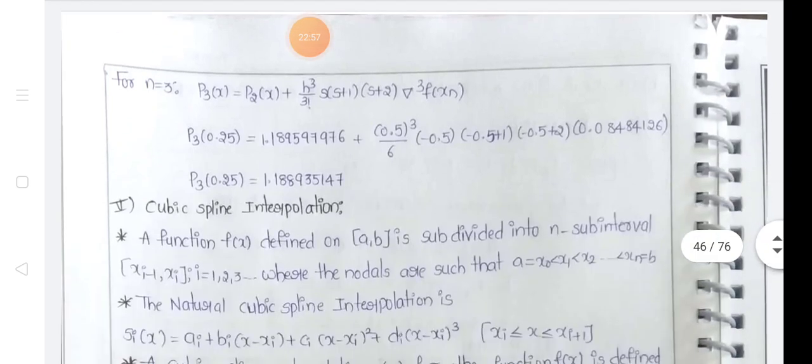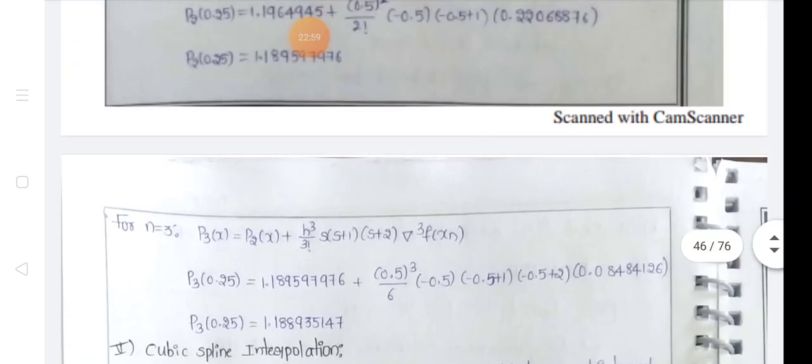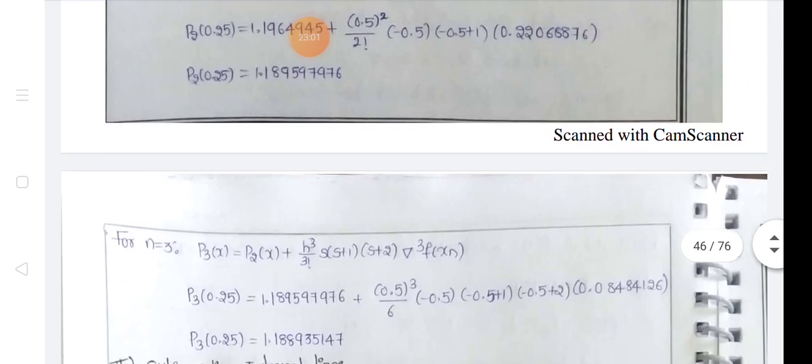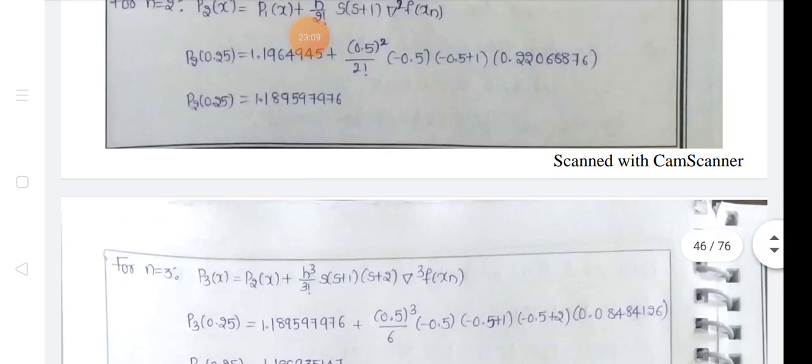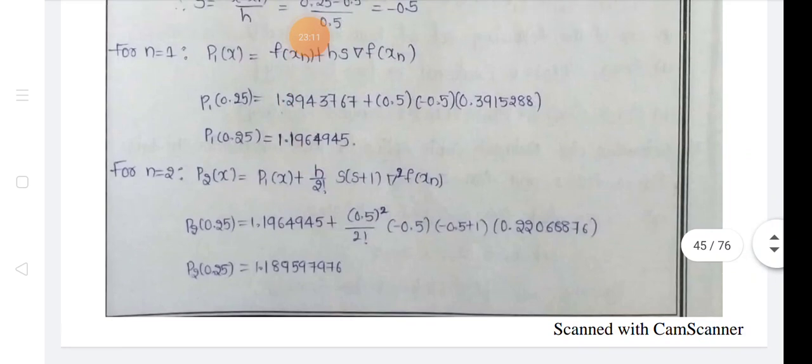After simplifying, we get the value p3 of 0.25 is equal to 1.188935147. Repeat once again.